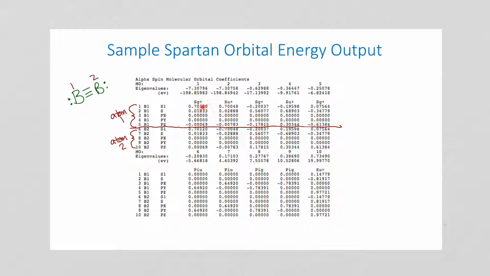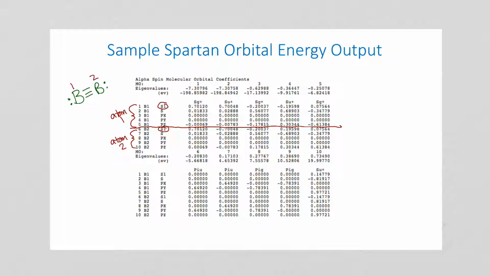We get the highest number, 0.7, from the 1s orbital on atom 1. And if we look down at atom 2, the largest contributor is also coming from that 1s orbital on atom 2. So that tells us that for that first molecular orbital, it's the 1s orbitals that are contributing the most.